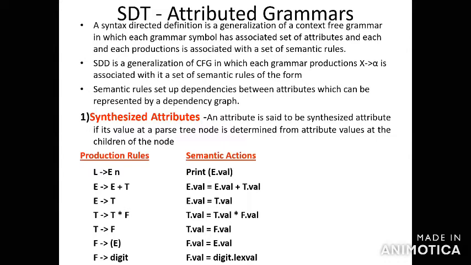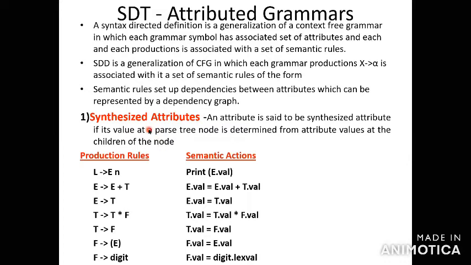In this attribute grammar, there are two types of attributes. The first is synthesized attributes. An attribute is said to be synthesized if its value at a parse tree node is derived from the attribute values at the children of the node.